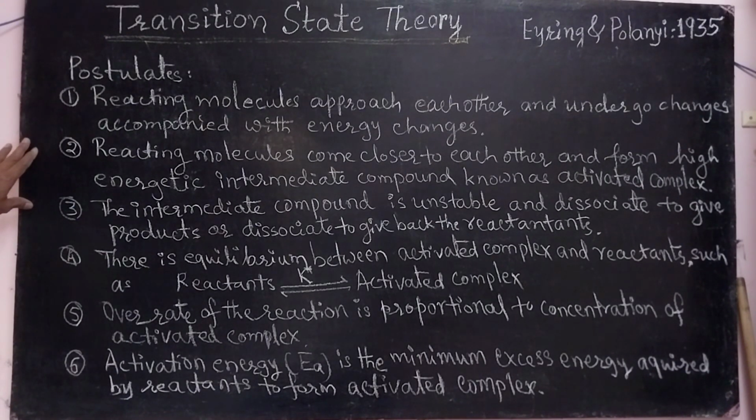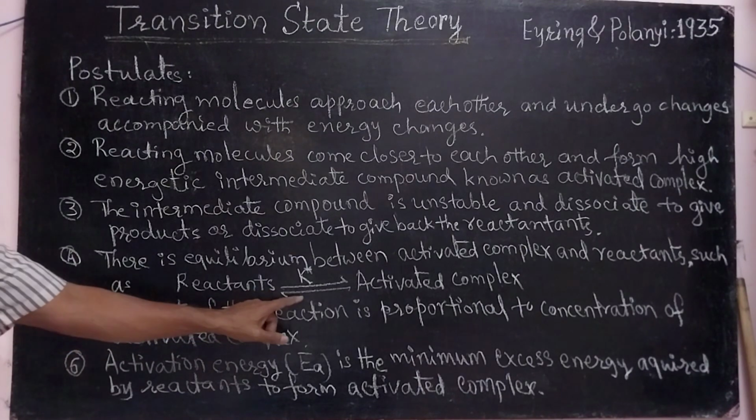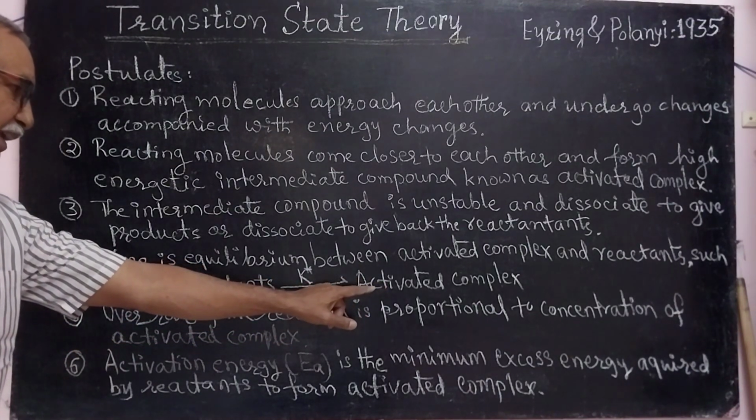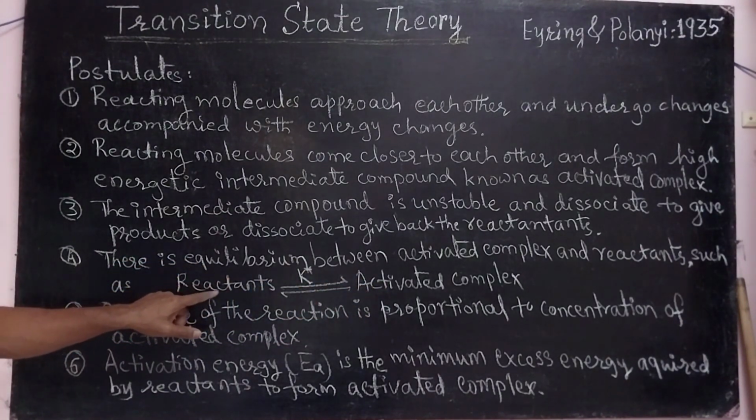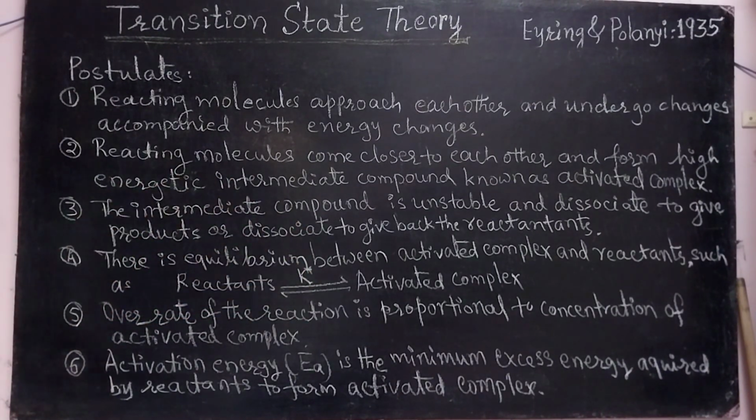Third, the intermediate compound is unstable and dissociates to give products or dissociates to give back the reactants. Fourth, there is an equilibrium between the activated complex and reactants, governed by one equilibrium constant K star.